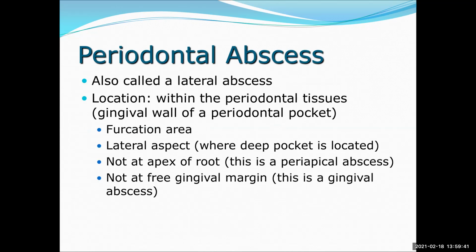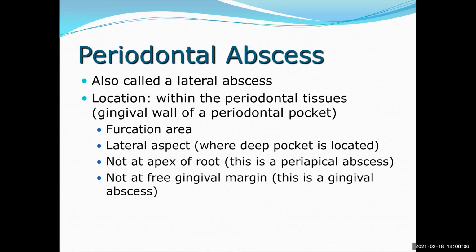Then you have a periodontal abscess, which is also called a lateral abscess. That's located in the periodontal tissues or that gingival wall of the periodontal pocket. It can occur in the furcation area or on the lateral aspect of the tooth where a deep pocket is located, but it's not at the apex or the tip of the root, which would then be a periapical abscess.